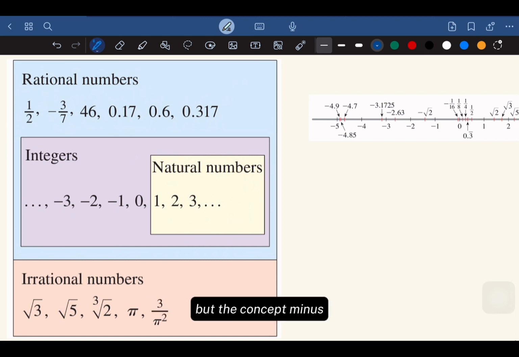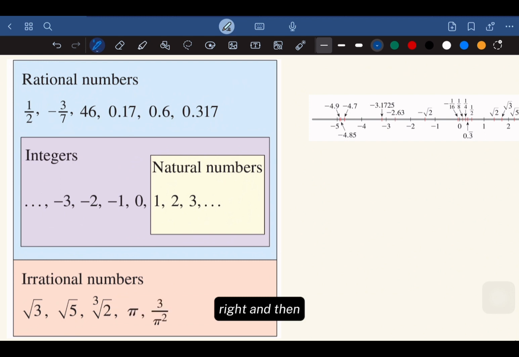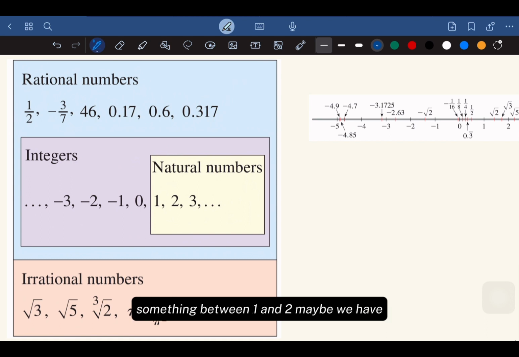But the concept of minus is there because we have the integers, then we have the negative part, and we have the 0, right? And then we have something in between, something between 1 and 2, maybe we have half, 3/4, and decimals, stuff like that. We have the rational numbers. And we can have the irrational numbers.